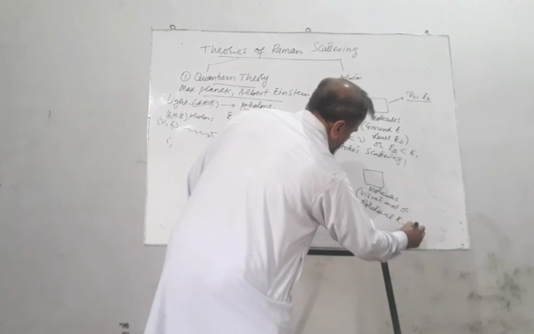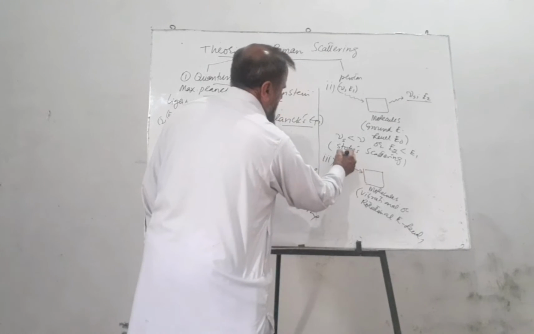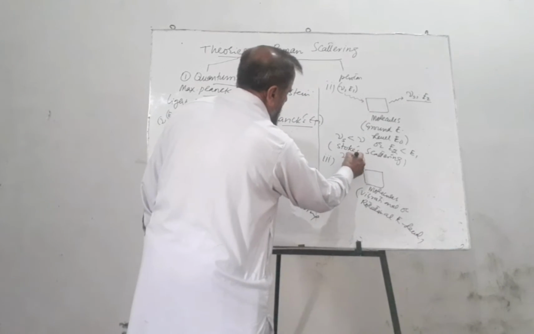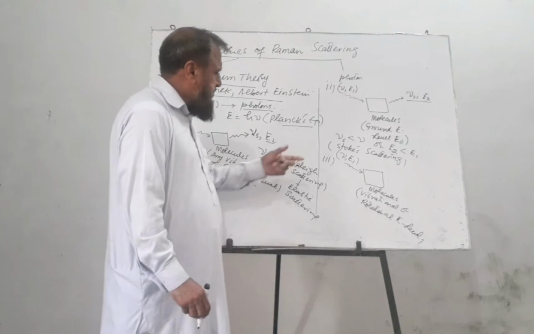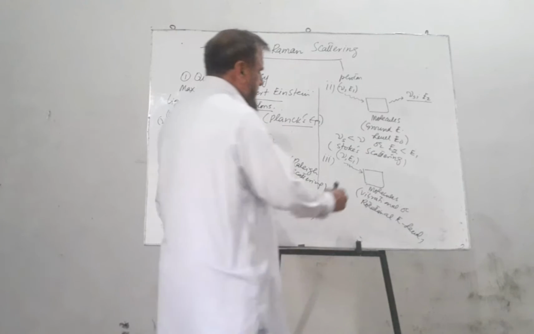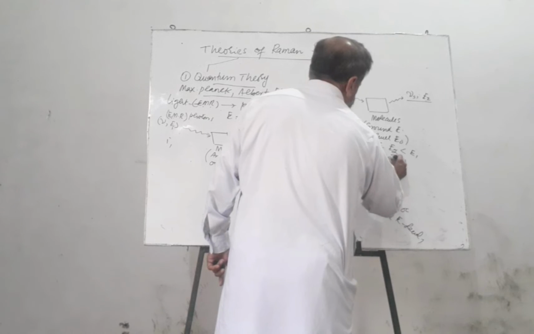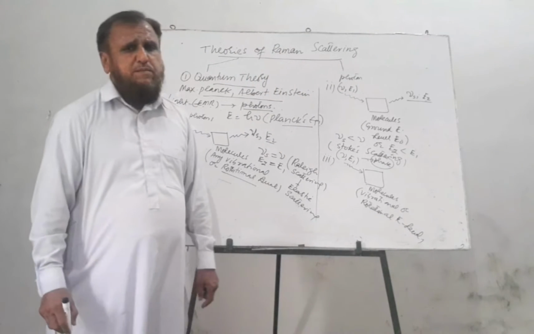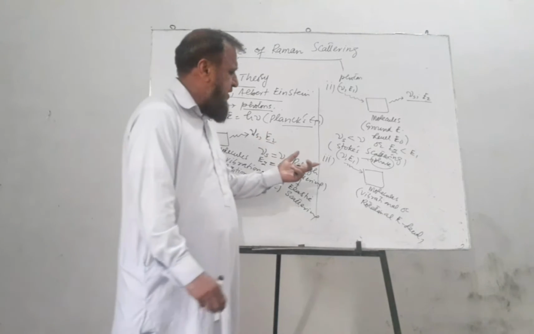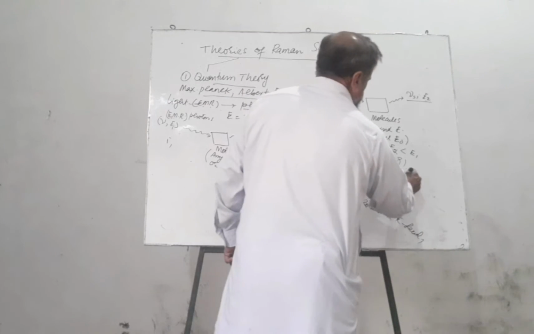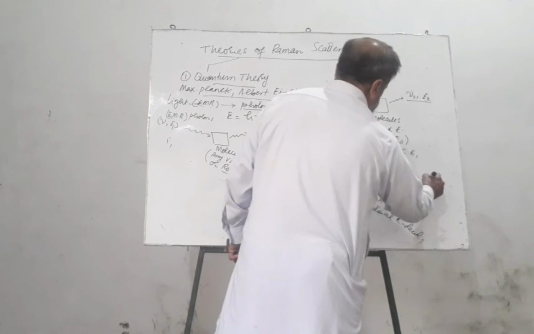The incident photon having frequency nu and energy E1 strikes the molecule in such a phase that the radiation absorbs some energy from the molecule and is scattered with a frequency nu s and energy E2.